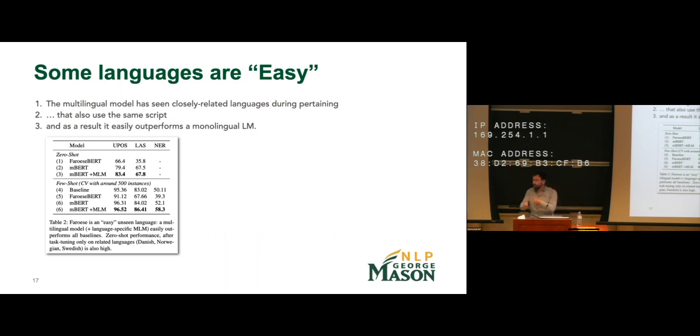But if we do this continued training, you can do even better on that language. And the reason for this is fairly straightforward: Multilingual BERT has seen a lot of Germanic languages, has seen Swedish, German, Danish, Norwegian, and so it can basically 0-shot produce good representations for Faroese.